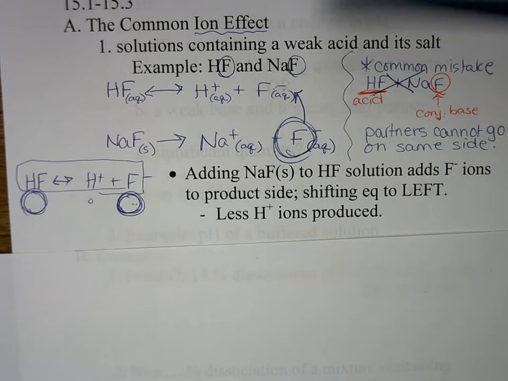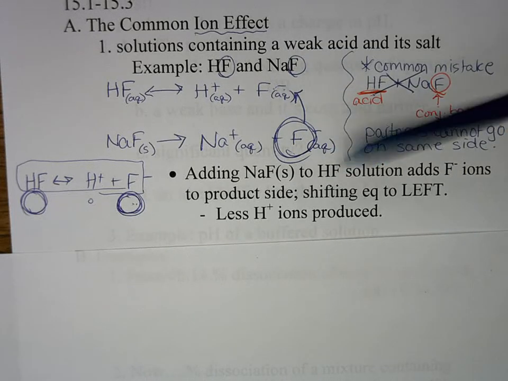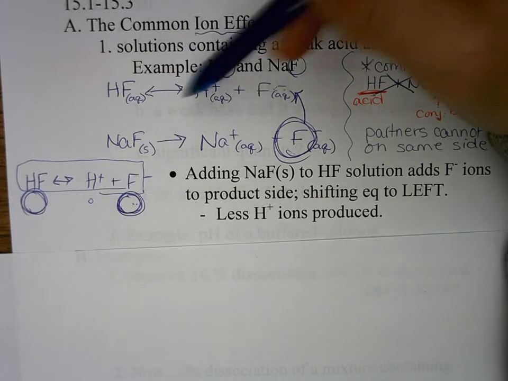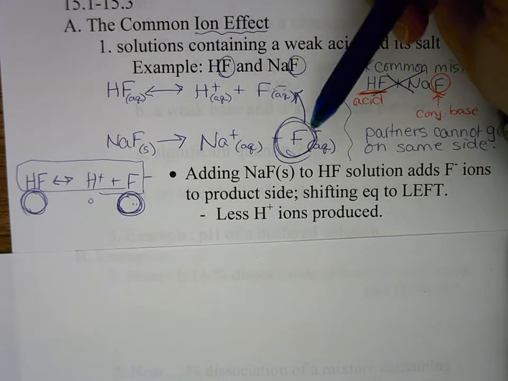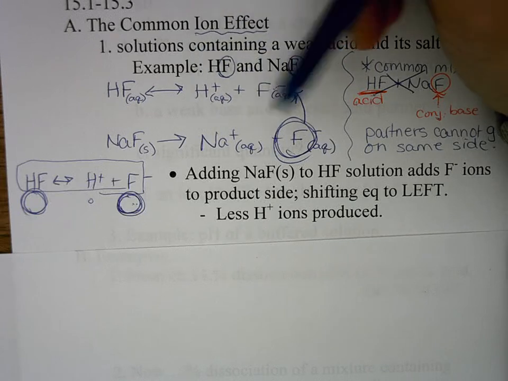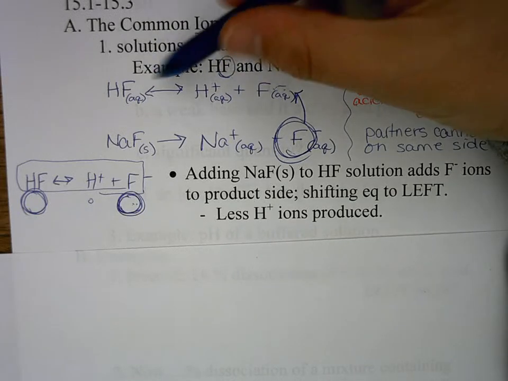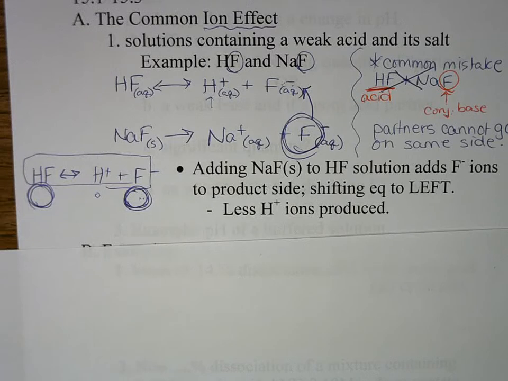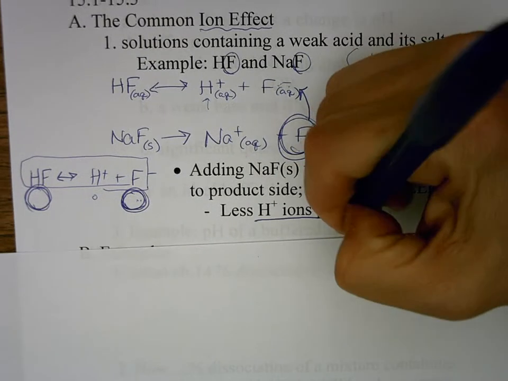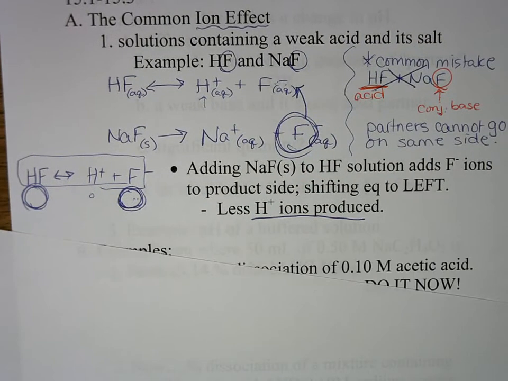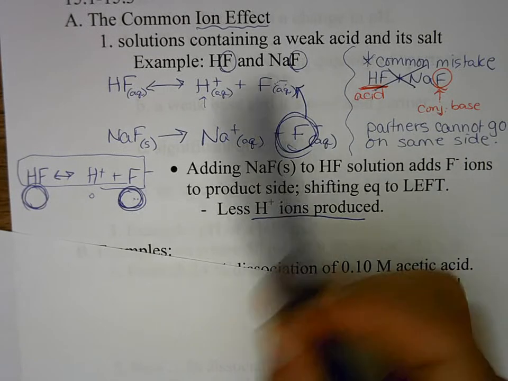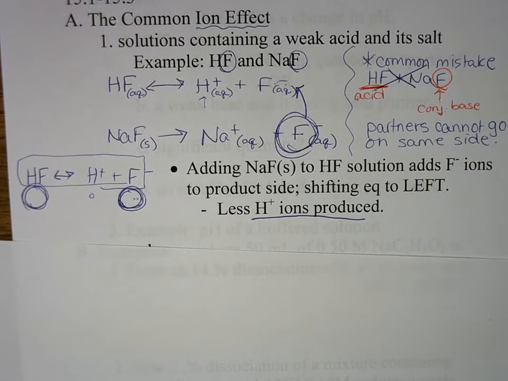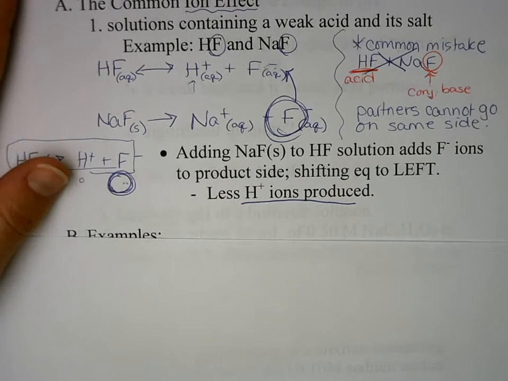And not only does that happen, it also kind of makes the forward reaction stop happening as much, so it prevents the forward reaction from taking place and prevents more hydrogen ions from being formed. And so there's less hydrogen ions produced, there's less dissociation whenever you have a common ion to start with, and therefore affecting the pH because you have less hydrogen ions.